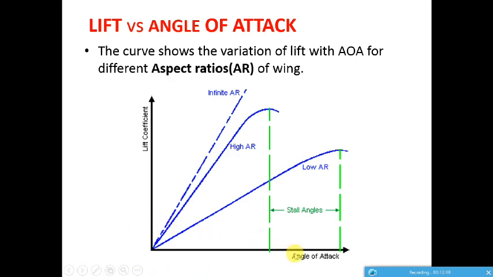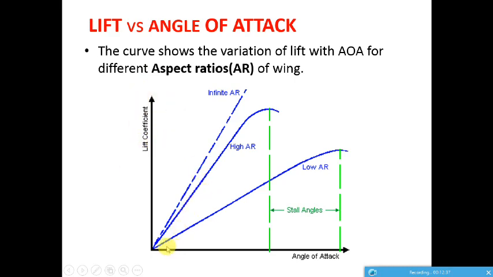On the x-axis we have the angle of attack, and on the y-axis we have the lift coefficient. Lift coefficient is one of the main aspects which change the amount of lift of the aircraft. The lift of the aircraft generally depends on the lift coefficient, the speed of the aircraft, the surface area of the airfoil, and other such parameters.